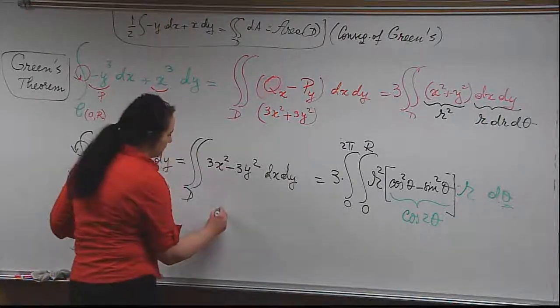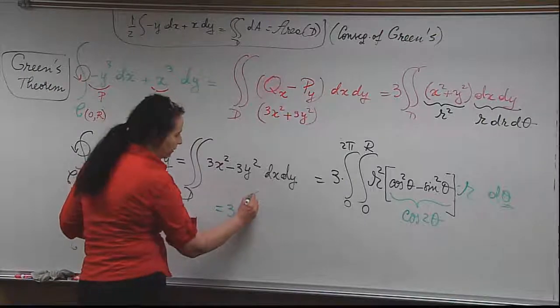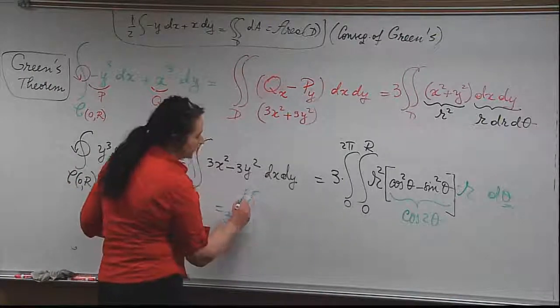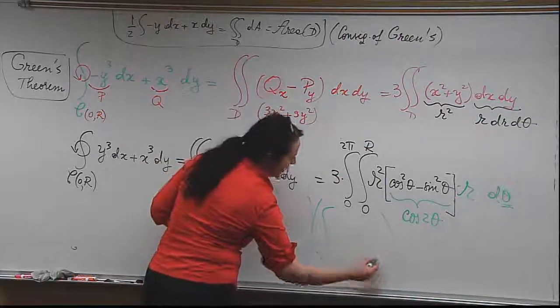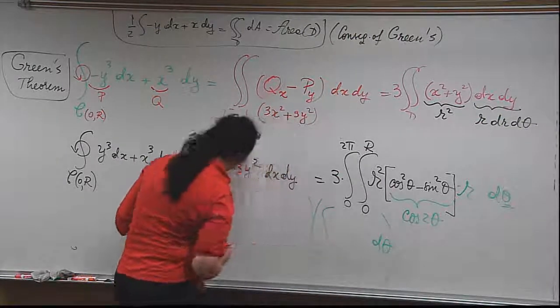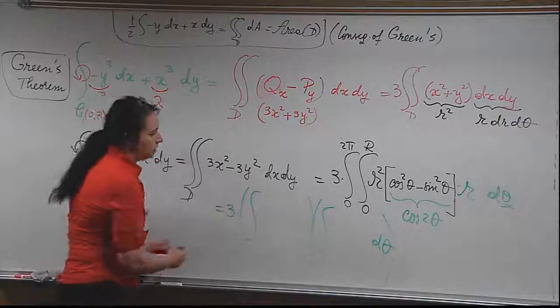That's Fubini's theorem, and you have 3 times the part that depends only on r and the part that depends only on theta. Let's put them separately.